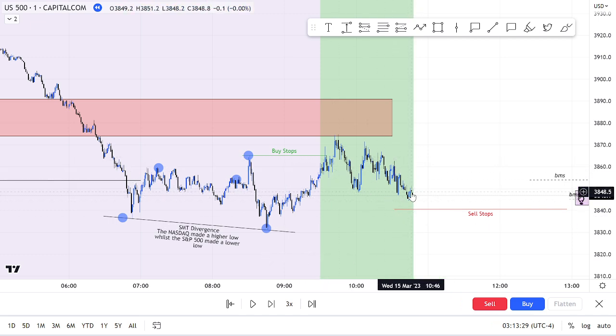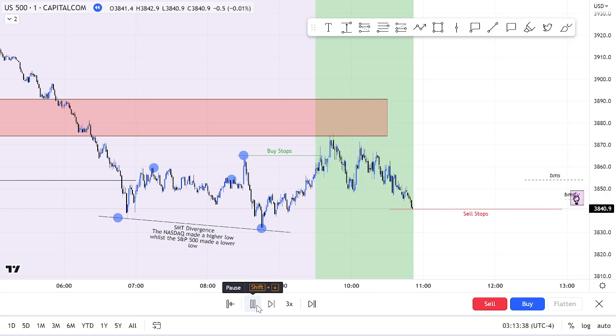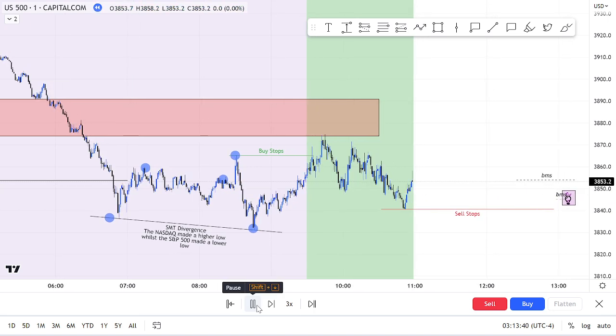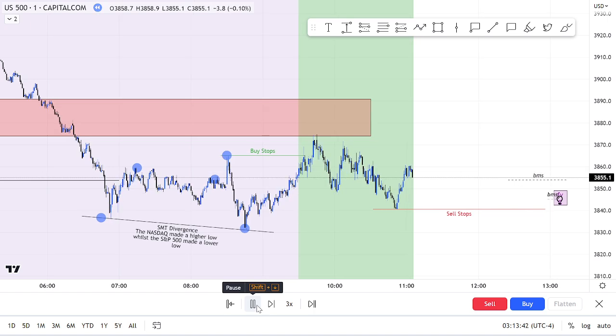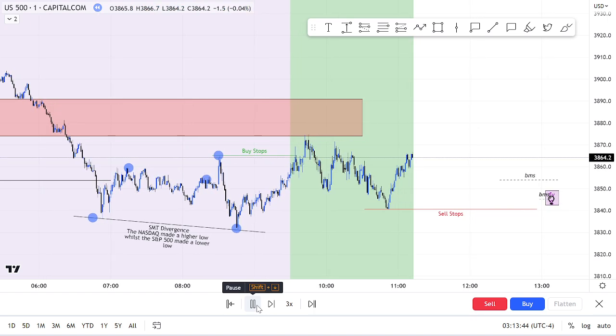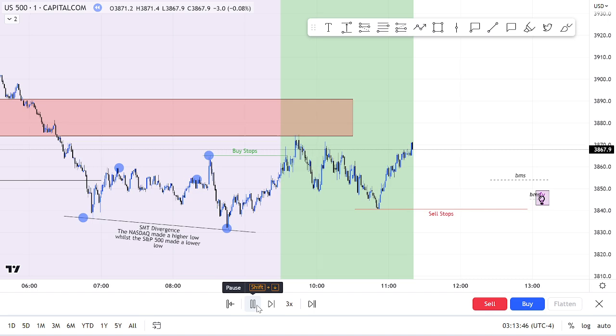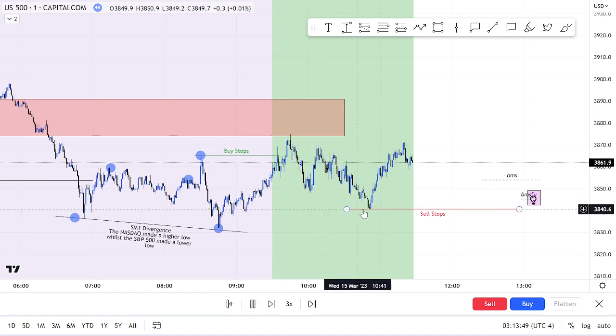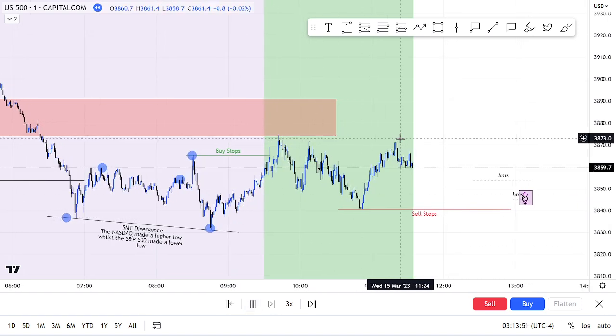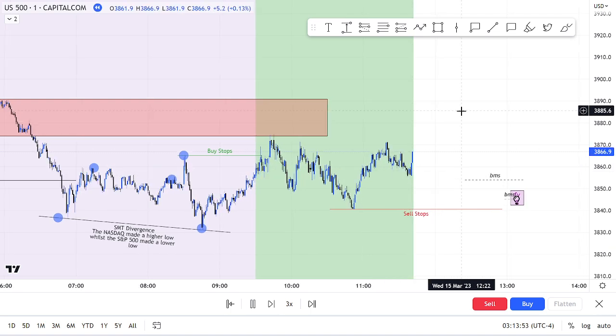But we just have this up and down movement. Let's continue to watch. I think we go into New York lunch soon. Realize the price came back down again, then went back up, came back down again, and went back up again.